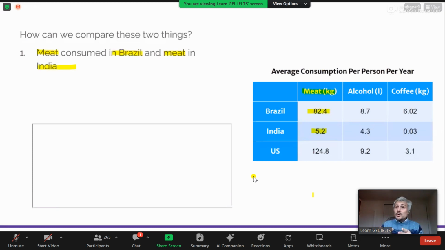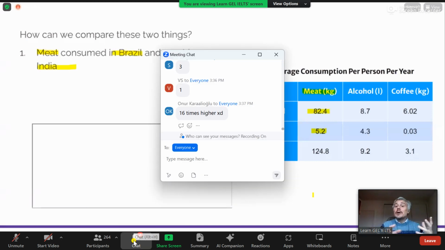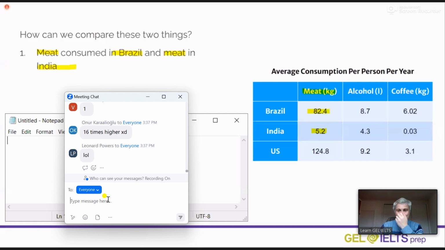I would like you to type one sentence comparing these things in the chat box, please. Try to use the grammar and vocabulary from our class today. Honor, that's not a sentence. Write a full sentence, please. We're practicing looking at writing for the actual report now. Take your time, write the sentence in the chat box.